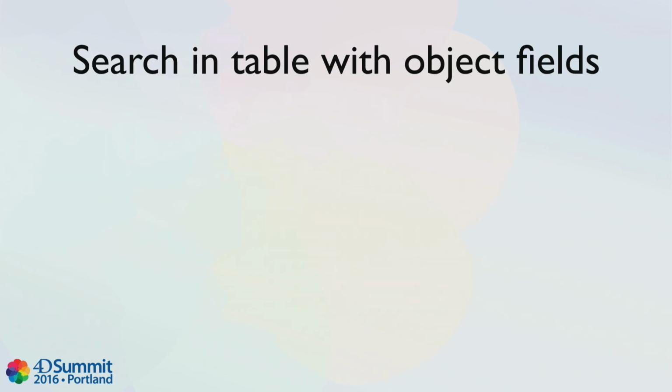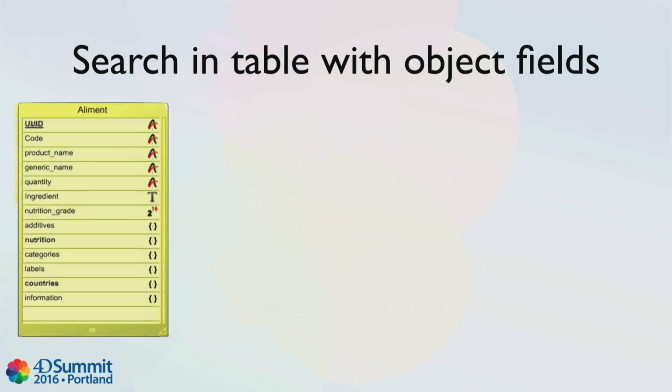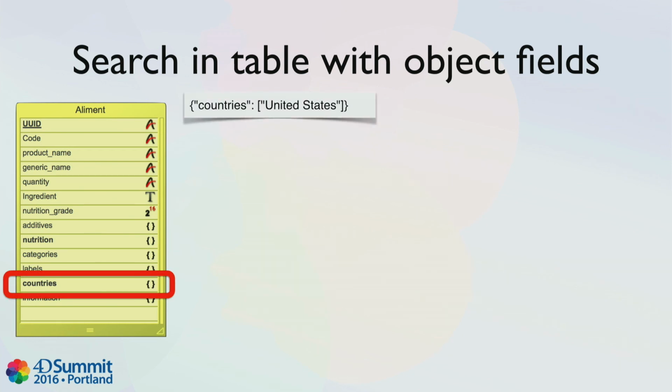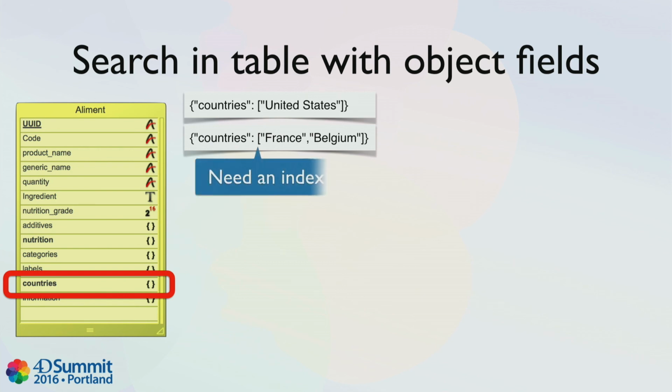A search in a table with object fields. That's my table. Of course, country. I have data like this. It's an array of countries. So we need an index too.